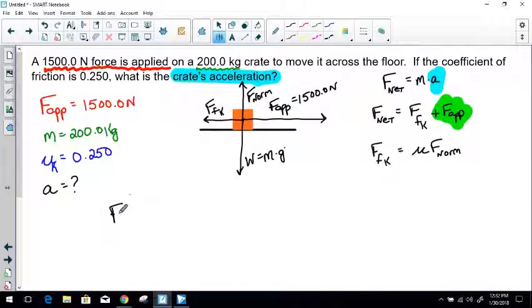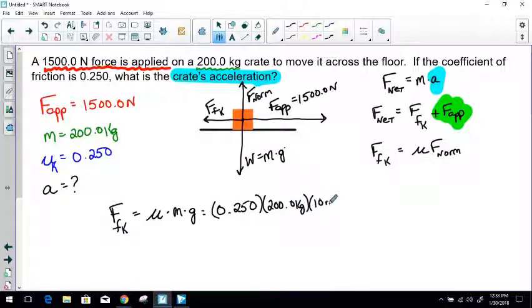So our force of kinetic friction equals mu times mass times gravity. Remember, our normal force is equal and opposite to weight, so we're not worried about our negative sign here. Equals 0.250 multiplied by 200 kilograms multiplied by our acceleration due to gravity, assuming we're on Earth.